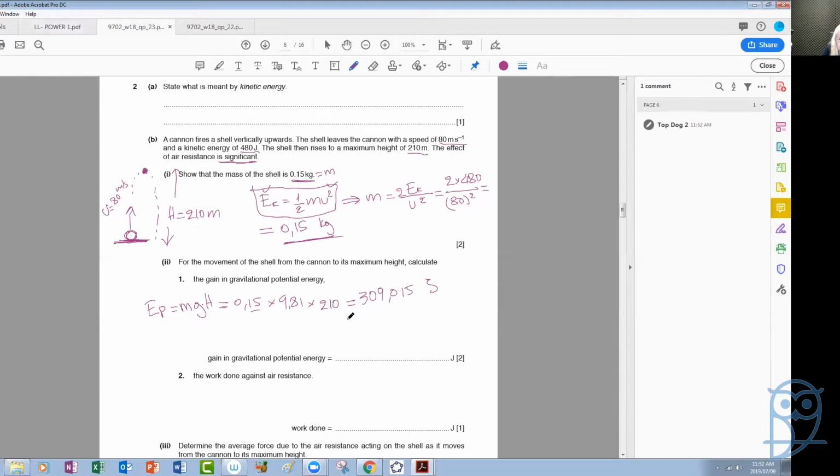So in other words, we need to round it to 2 significant figures, and this will be 310 joules. So this answer now is the desirable answer with the significant figures that correspond to our given data. So the gain in gravitational potential energy is 310 joules. Okay, so this would be our answer.